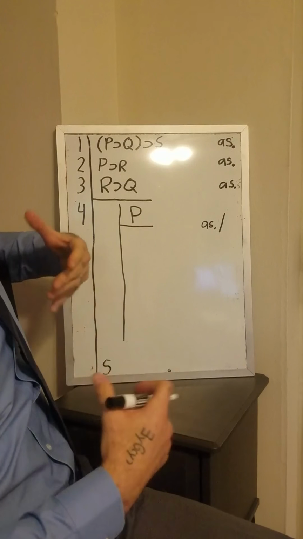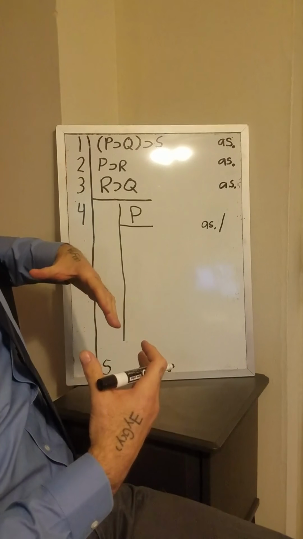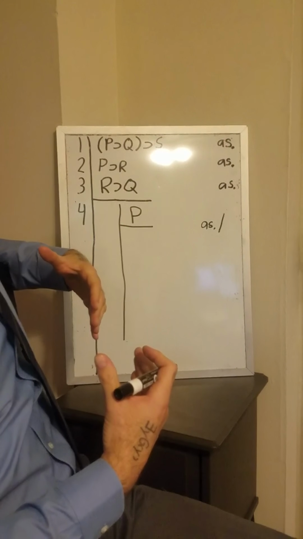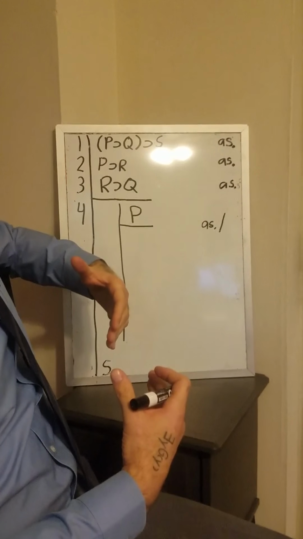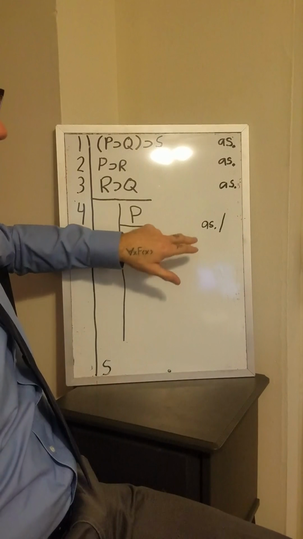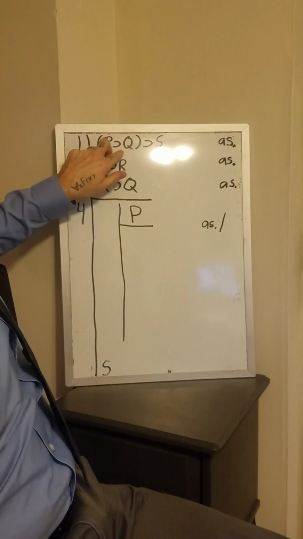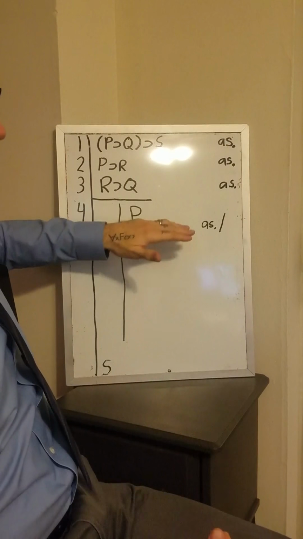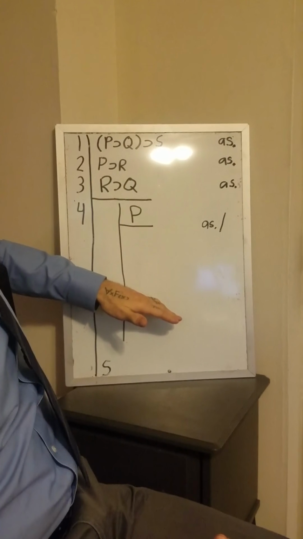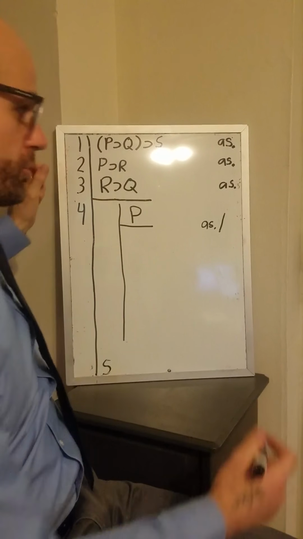It wouldn't really make it wrong, but it would make it much longer than it has to be, and you'd have a lot of dead ends. So we should always try to keep in mind what rule it is that we're trying to use. And in this case, we're trying to get this. So the rule that we want to use here is the conditional introduction.